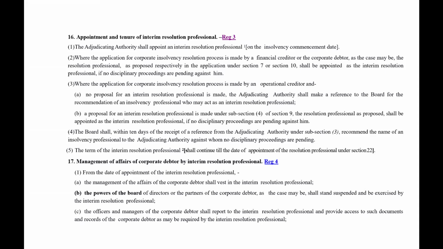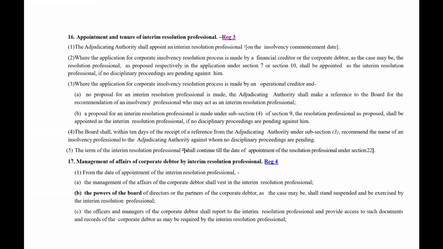In case of section 7 or 10, the name of the IRP has to be recommended by the applicant. Then if no disciplinary proceedings are pending, that person will be appointed. Otherwise, they will ask for the information from the board. Similarly, in case of the OC, he may or may not give the name. In case he doesn't give the name, then the adjudicating authority shall make a reference to the board and the board shall revert within 10 days. Right? And if the name has been given by the OC, then they will ensure that there is no disciplinary proceeding. So this is regarding appointment and tenure of the IRP.